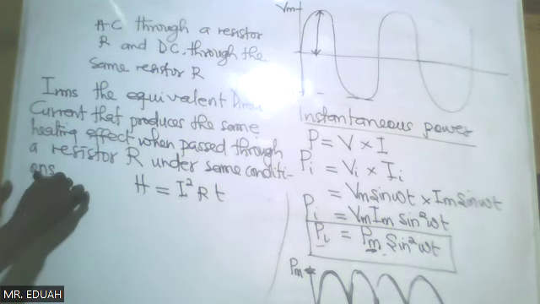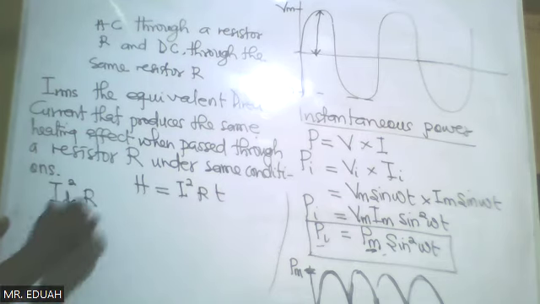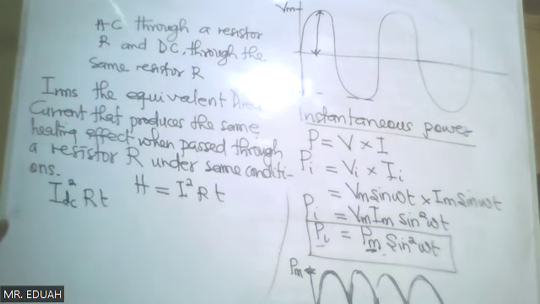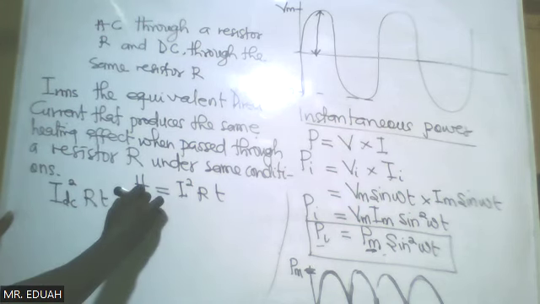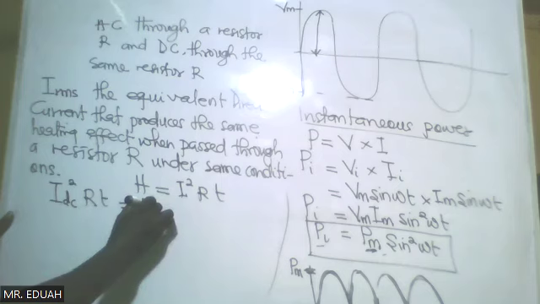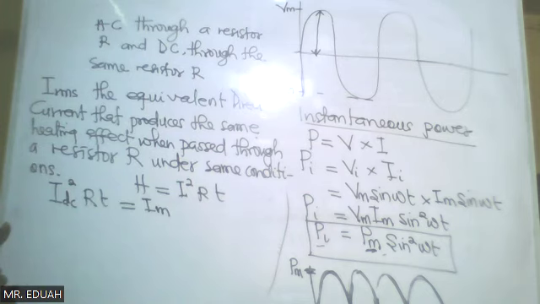So IDC squared times the resistance of the resistor times the time taken to pass through the conductor. Under the same condition, IRMS, in fact, IRMS over one cycle is given by I peak, the peak current divided by 2.